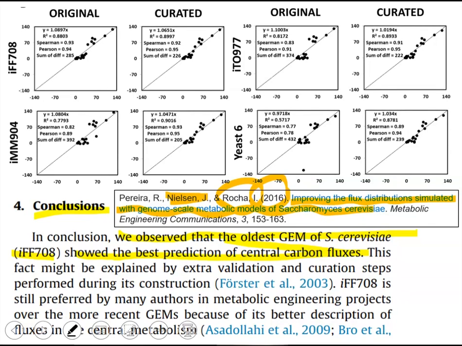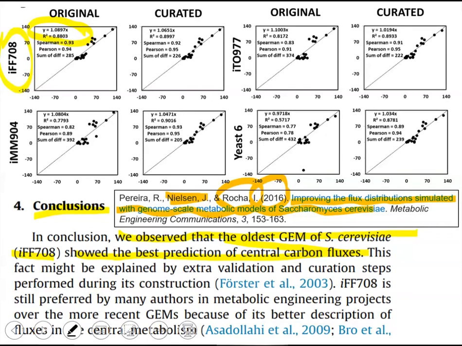Yeah, this is really surprising, right? They also share the prediction graphs here. They used measured central carbon metabolic fluxes and compared them with the predicted fluxes when using different yeast genome scale metabolic models. iFF708, for example, had a prediction R-square of 0.88.